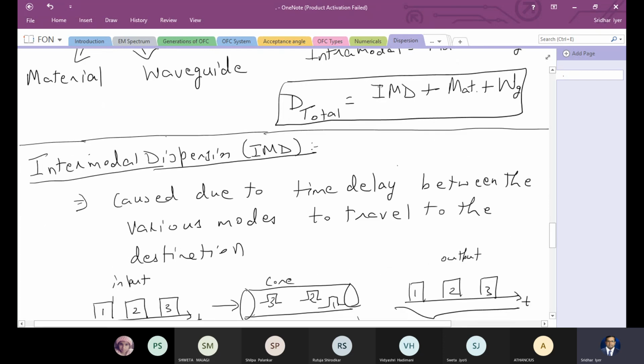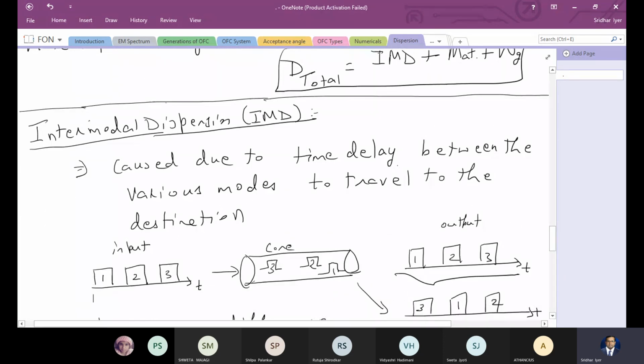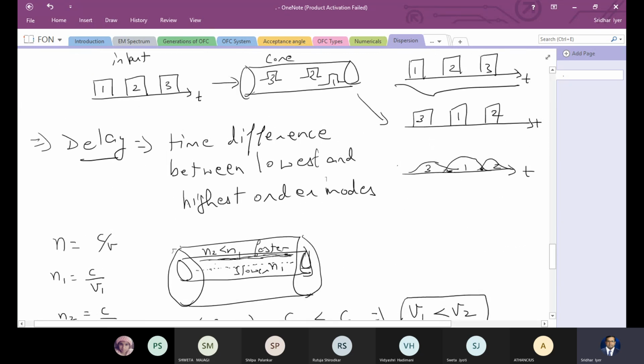And then we just started with intermodal dispersion, and this is caused by the time delay in the various modes inside the multimode fiber. And we want to see how this time delay occurs between the longest mode and the shortest mode. So for the derivation, we have considered two modes.